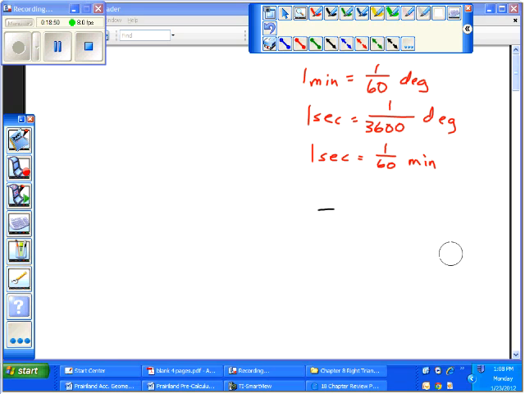So I won't do all that over there again. That dimensional analysis stuff, we've got that figured out, I think. And so number 4, we have negative 28 degrees, 14 minutes, 7 seconds. So we're going to have our negative 28 degrees.